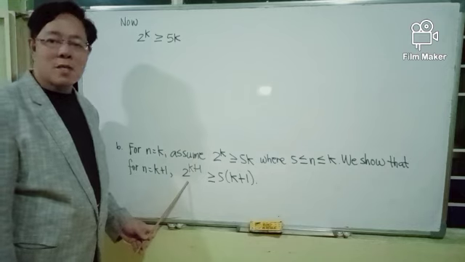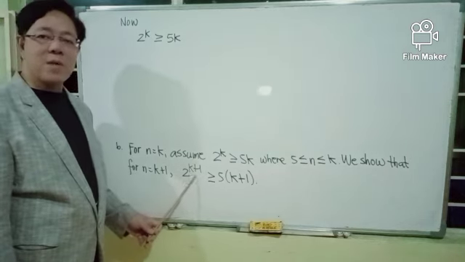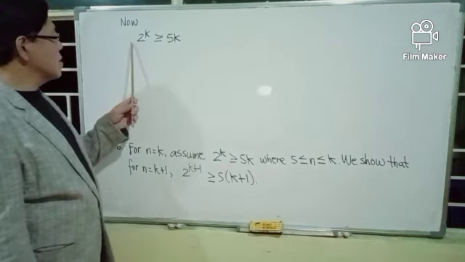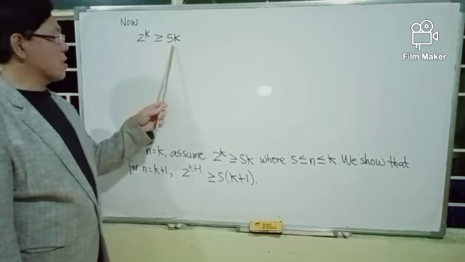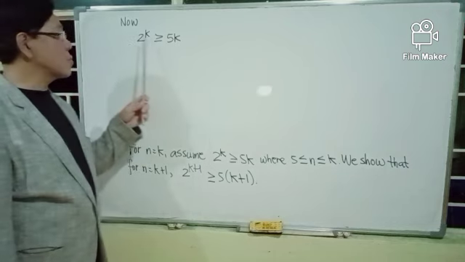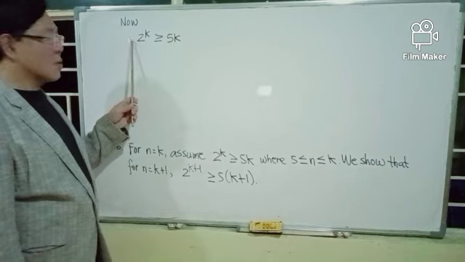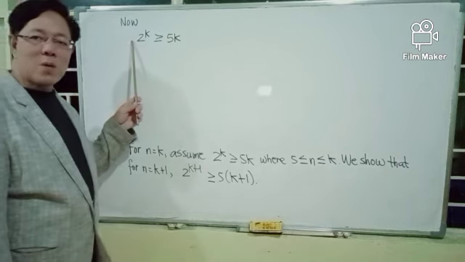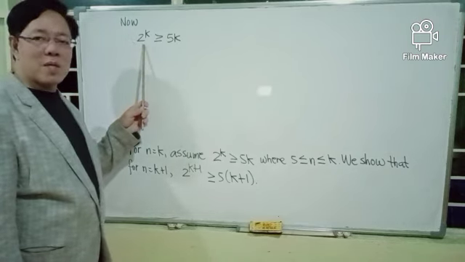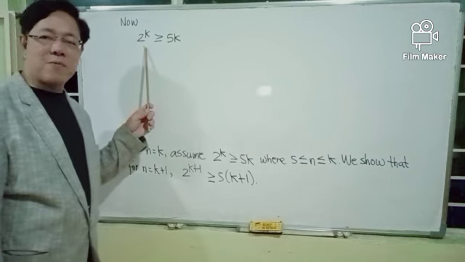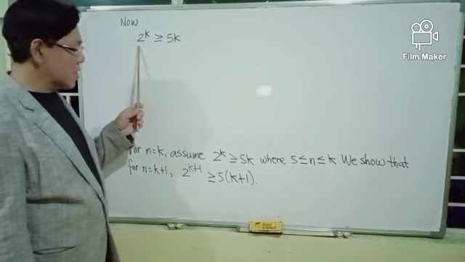Because we want the exponent of 2 to be k plus 1, I will multiply both sides of this inequality by 2 to the power 1, so that we can combine 2 to the power 1 with 2 to the power k by property of exponent from your course in algebra.